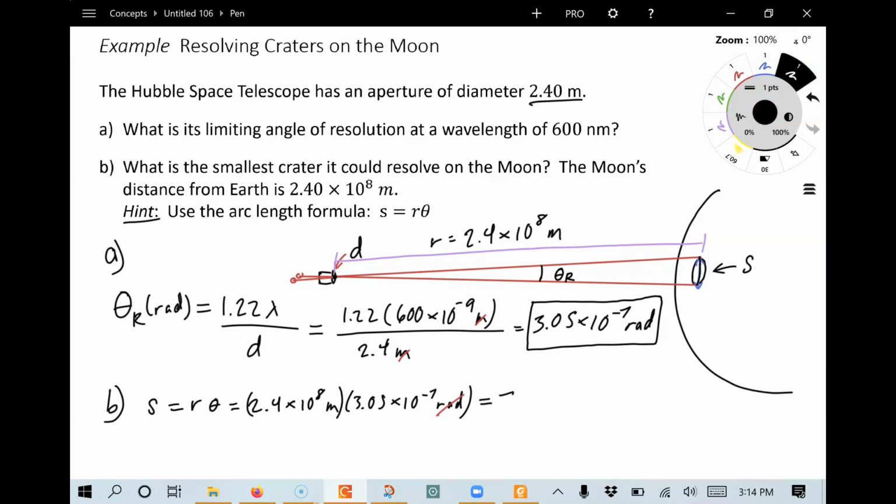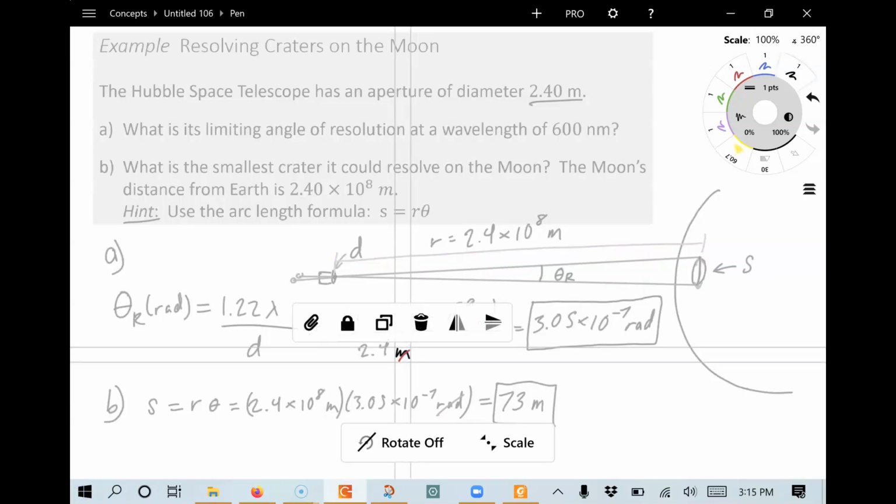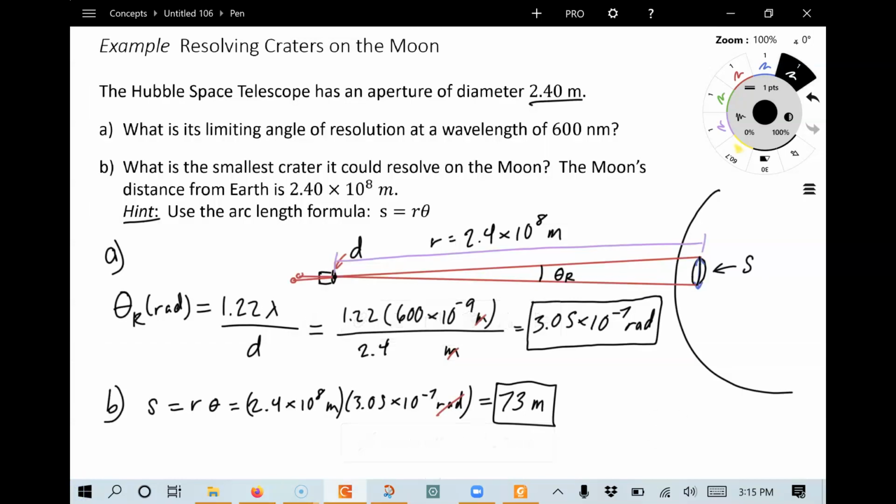Multiplying this out, we get a value of 73 meters. So that's the minimum separation that we can still resolve. If it's less than 73 meters, then it's going to be smaller than the Rayleigh angle, and the Hubble telescope will not be able to tell that there is actually a crater there. Oops, I see that I forgot to put in the additional bit right here. That's 2.4 times 10 to the 8th meters. Luckily, I put that in my calculator, so the answer is still correct.